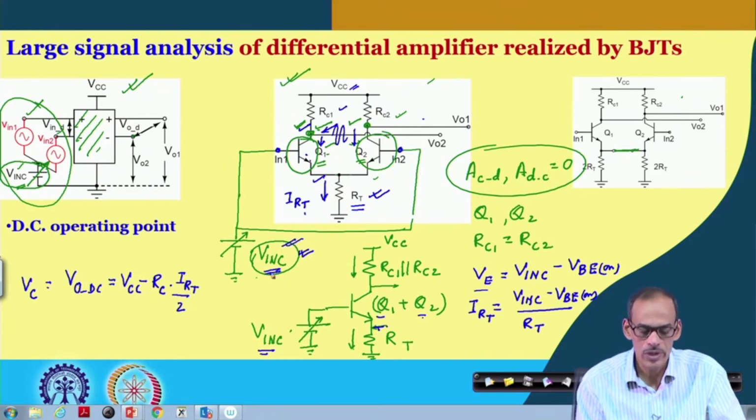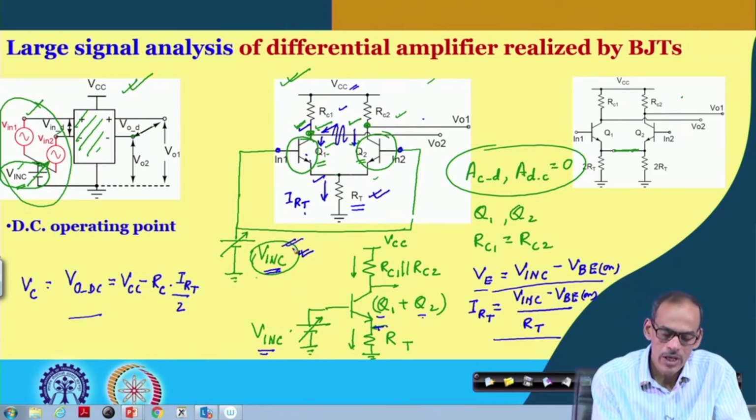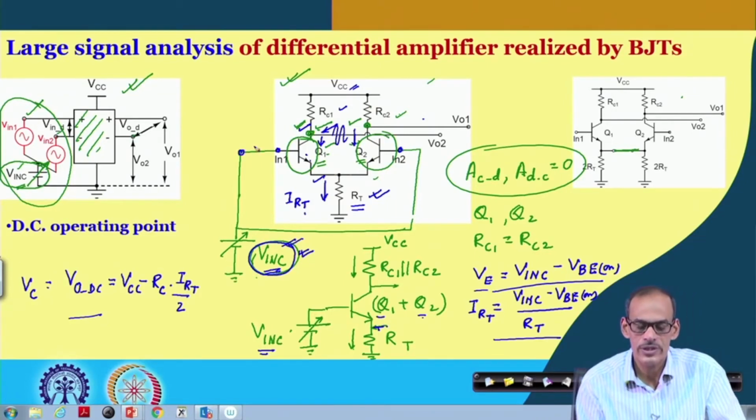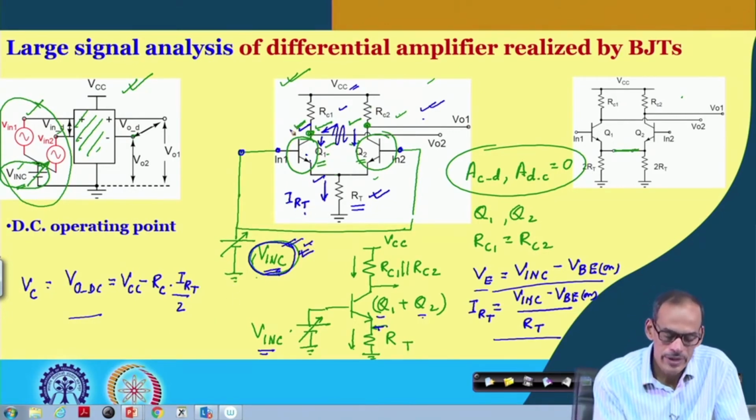Only thing is that this is qualitative. So, these are the expressions, but qualitatively I must say that it has a good range. It is not necessary to have a very precise DC voltage here for proper operation. There is a good range over which the circuit will work fine. Only thing is that depending on the value of V_inC, the corresponding collector current may vary.